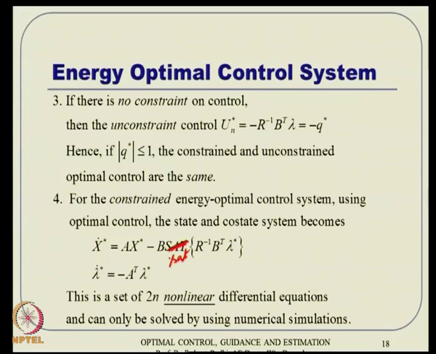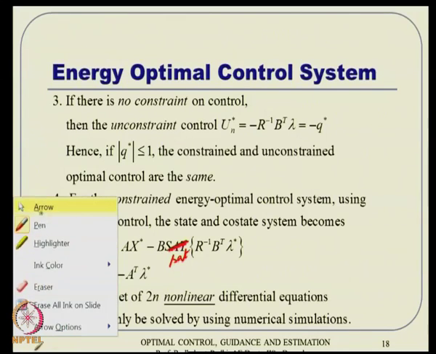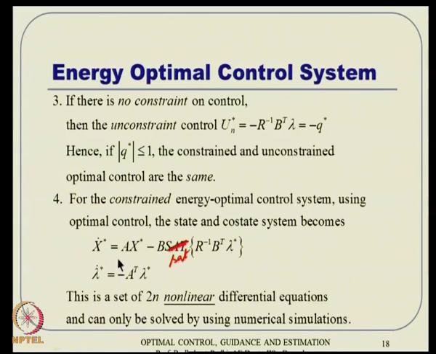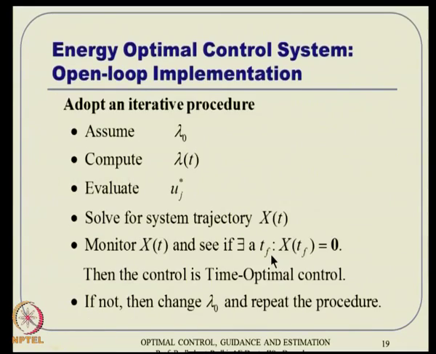So, x dot is Ax star minus B times the saturation function of that. This system dynamics happens to be nonlinear, so there is no closed form solution for that; you cannot write an exponential solution. If you really want the solution, then you have to do a numerical solution.